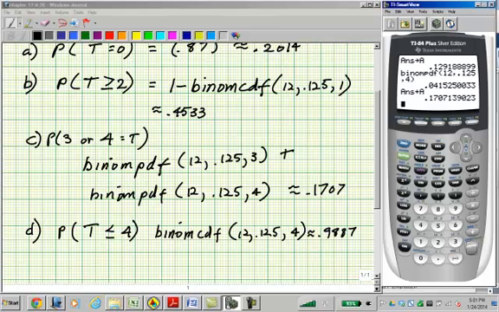So to get that, binom CDF, 12, comma 0.125, comma 4. And that probability is quite high. That's it for 26.